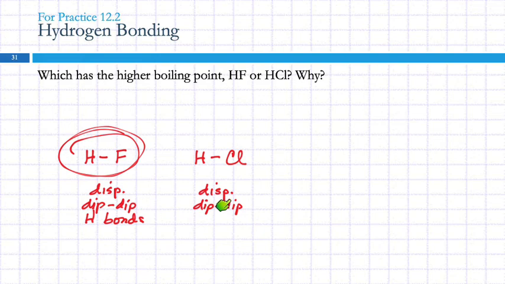If you're just looking at dispersion forces, HCl has stronger dispersion forces, but hydrogen bonds are so much more important than dispersion forces. You can only go based on molar mass if the kinds of forces are the same. You look at the different kinds of forces first, and then you look at mass.